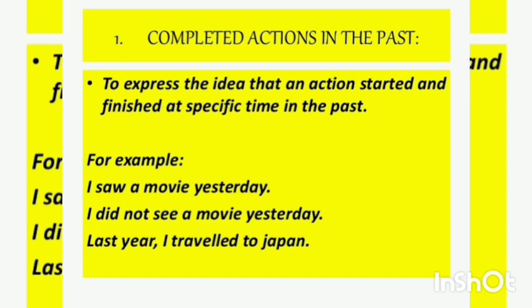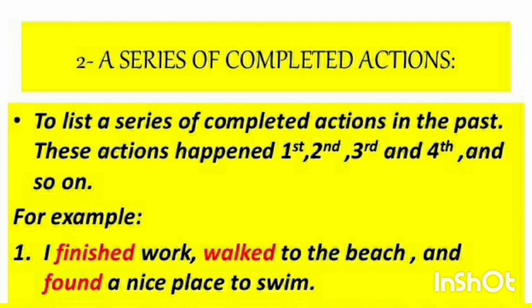Okay, students, I hope I have made it clear to all of you that an action started and also finished. We use simple past tense. Now second one, a series of completed actions. We use simple past tense to refer to a series of completed actions. To list a series of completed actions in the past, we use the simple past tense.